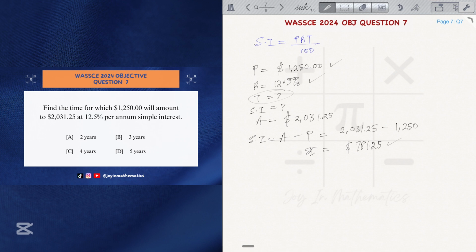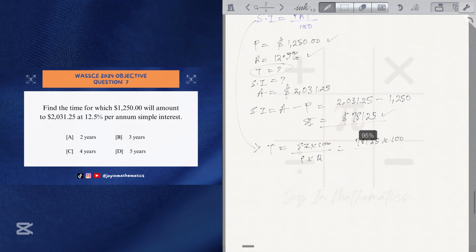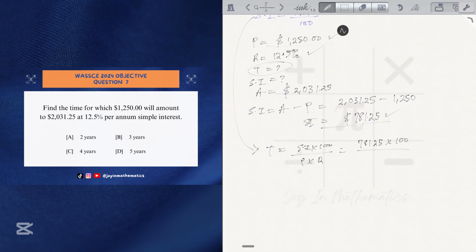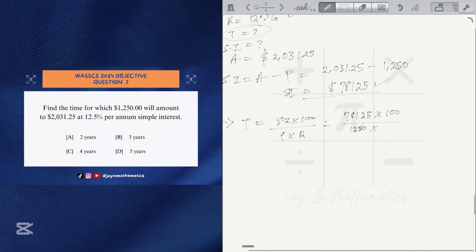So coming back here now, we can make T, that's T for time, the subject of the formula. So T will be equal to simple interest multiplied by 100 divided by principal multiplied by the rate. So we will make our substitution. We have that the simple interest is 781.25, multiplied by 100, and similarly our principal amount is $1,250, and the rate is 12.5%.